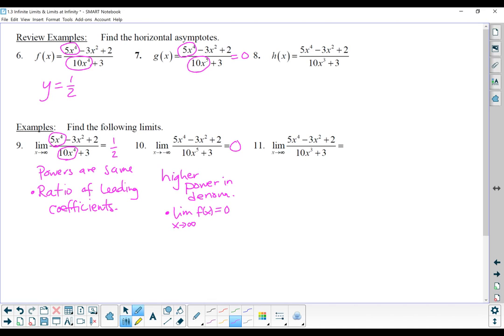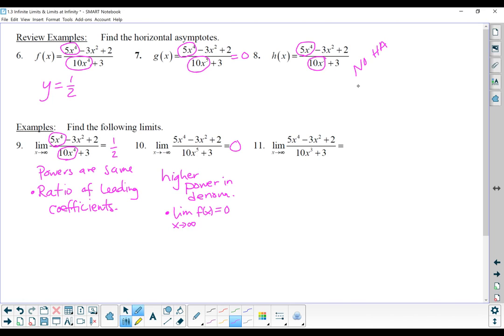So anytime you've got that higher power in the denominator, the limit as x approaches positive or negative infinity will be 0. Okay, so the last possibility would be that when we compare their leading terms, we have a higher power in the numerator. In that case, there is not a horizontal asymptote.